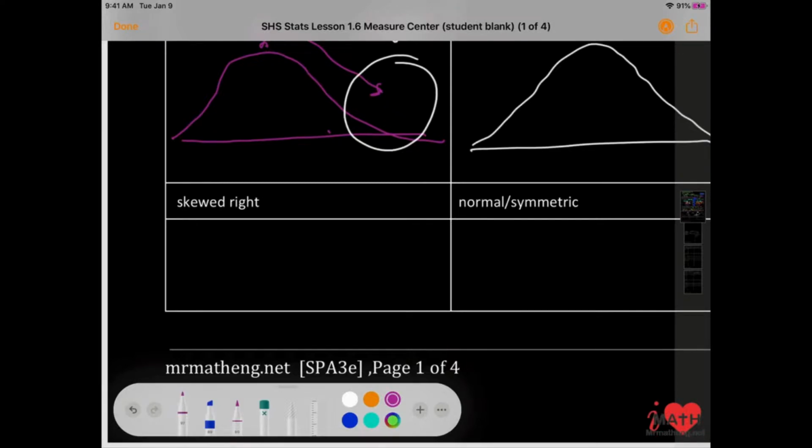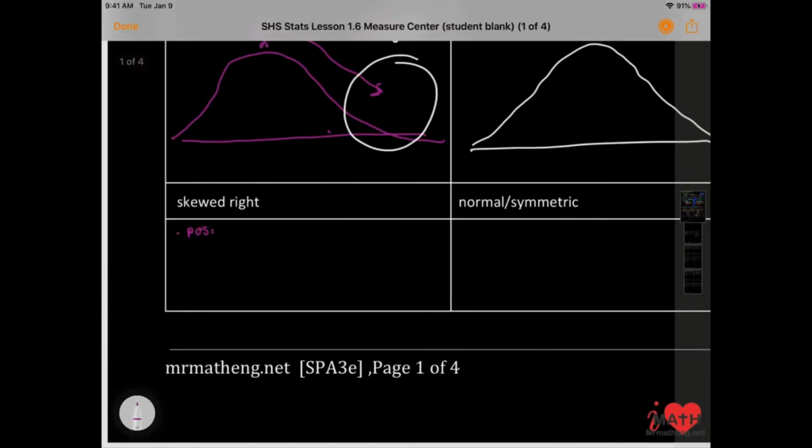Skewed to the right is also called positively skewed. Okay, here's the big idea. The mean and median are to the right of the mode.